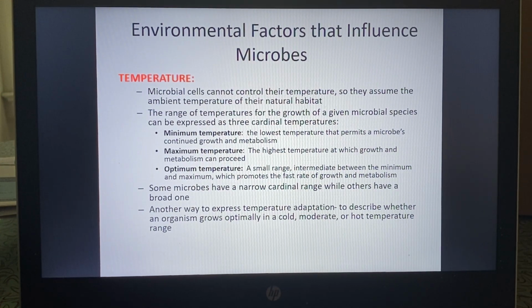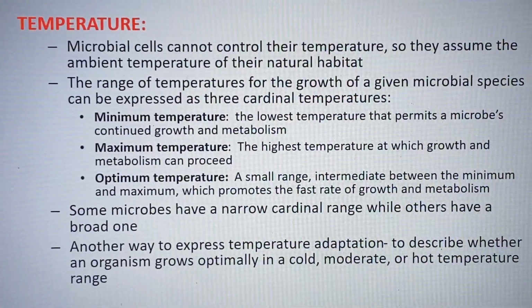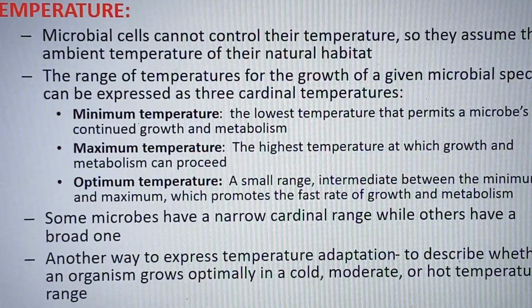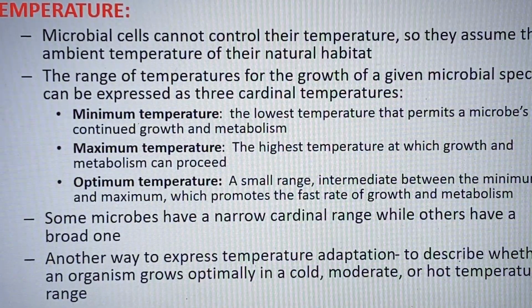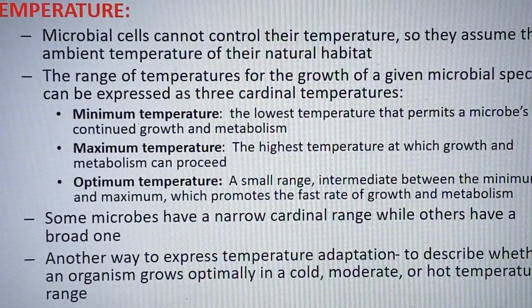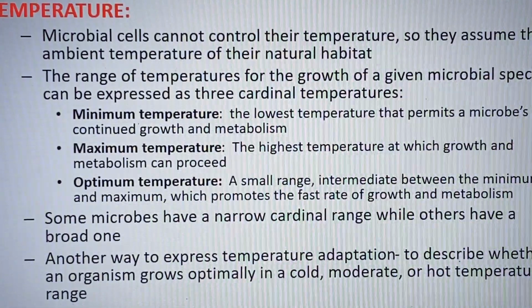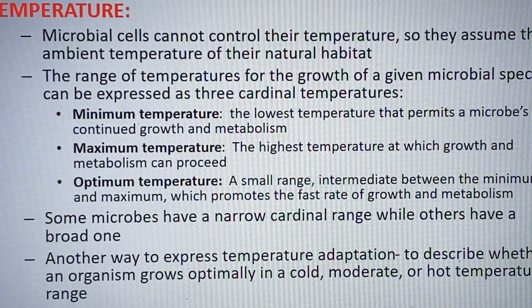Okay, so for every bacterial species, I'm going to zoom in a little bit on this, each bacterial species kind of has its own preferences in terms of temperature. And I like to think of it like the three bears. So each bacterial species has a minimum temperature, meaning this is the lowest temperature that it can still be able to grow.